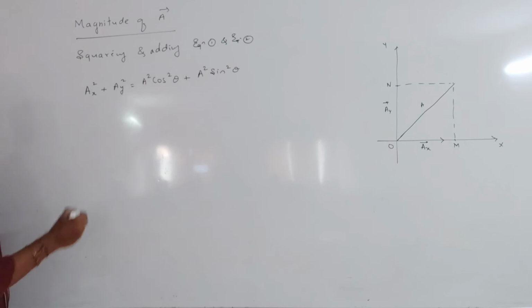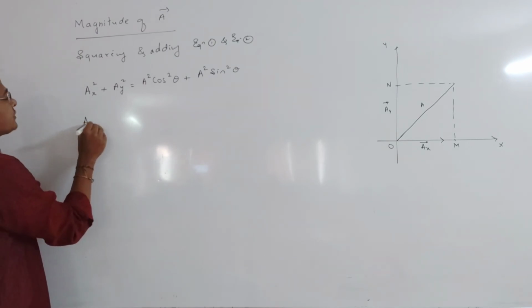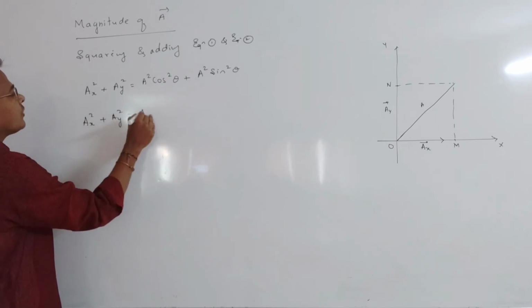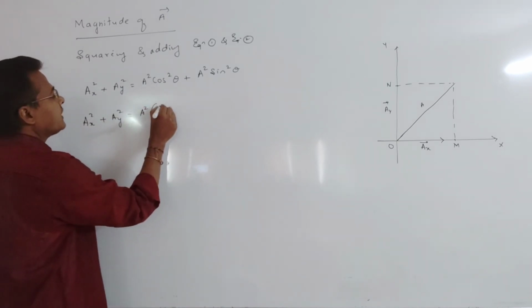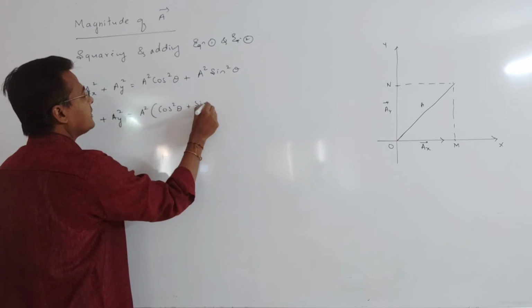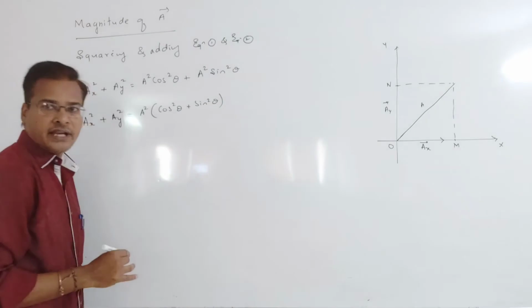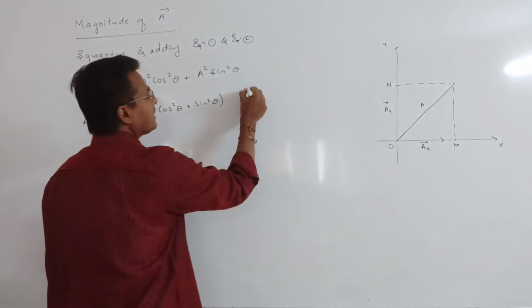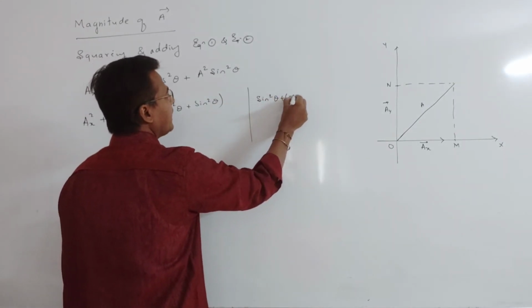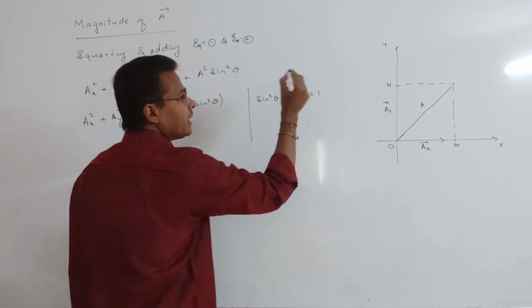So AX square plus AY square equals A square, taking common, into cos square theta plus sin square theta. Sin square theta plus cos square theta is equal to 1.